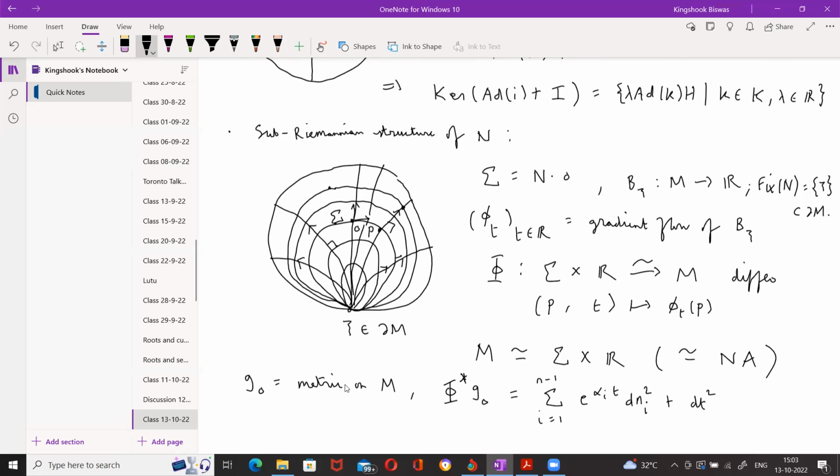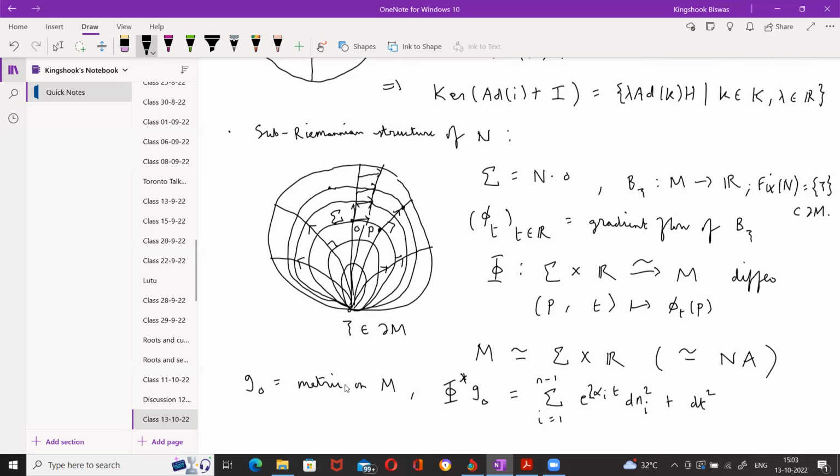Moving along this, it gives me a Jacobi field, which is basically a parallel field times e to the alpha_i t. We saw that last time. So when I pull back, I'll get e to the 2 alpha_i t dn_i squared, because I'm looking at the square, and then plus dt squared.